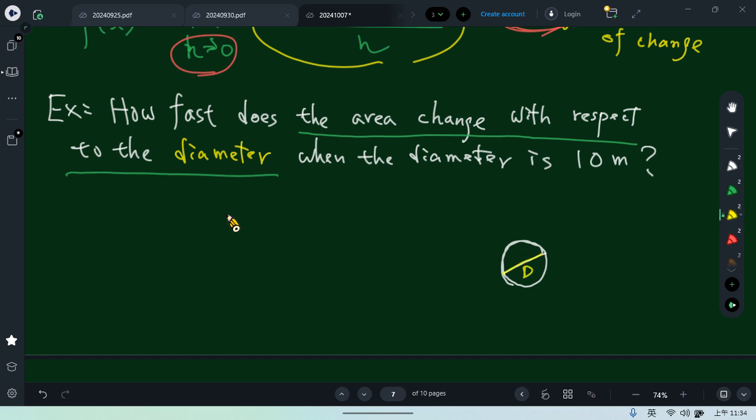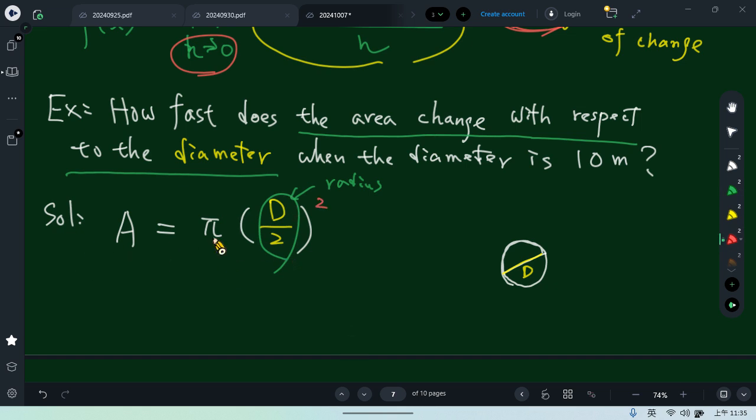So the whole area should be A is equal to pi times the diameter divided by 2, that means this is the radius, squared.